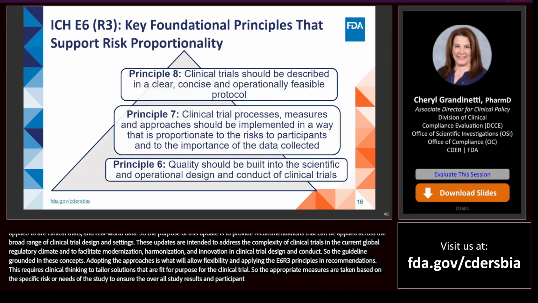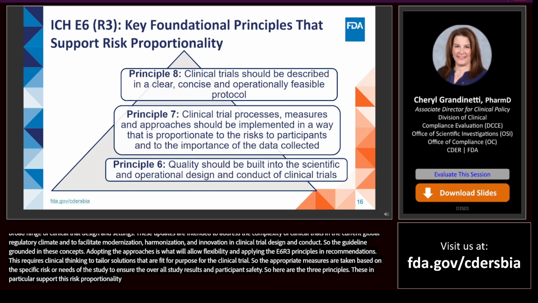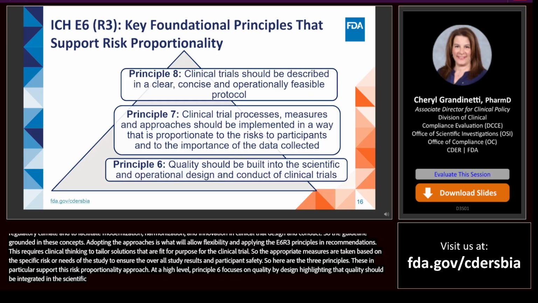So here are the 3 foundational principles of the 11 that are in ICH E6R3. And these 3 in particular support this risk proportionality approach. So at a high level, Principle 6 focuses on quality by design, highlighting that quality should be integrated in both the scientific and operational aspects of clinical trial design and conduct. Principle 7 stresses that trial processes should be implemented in a way that's proportionate to the risk to participants and to the importance of the data collected.